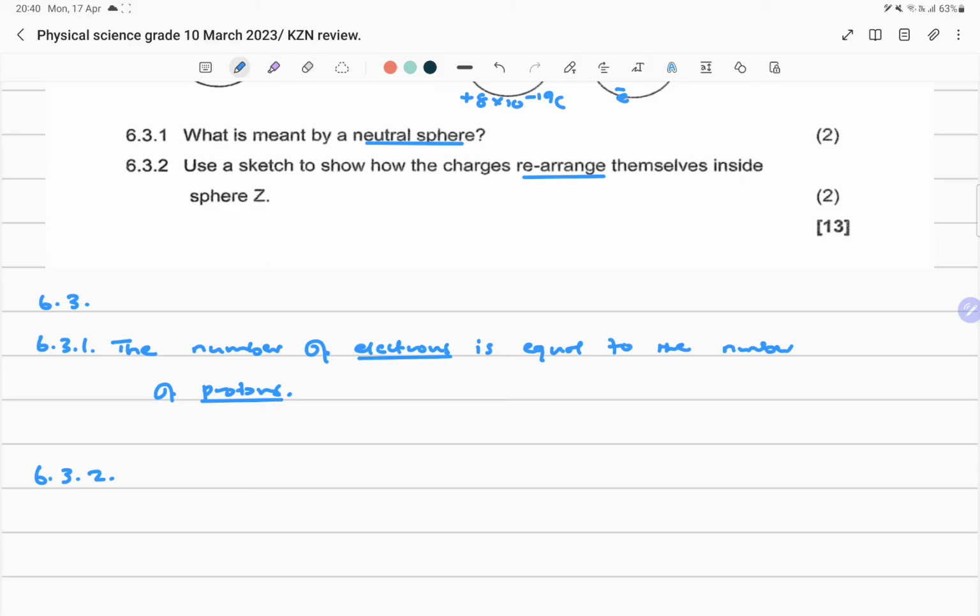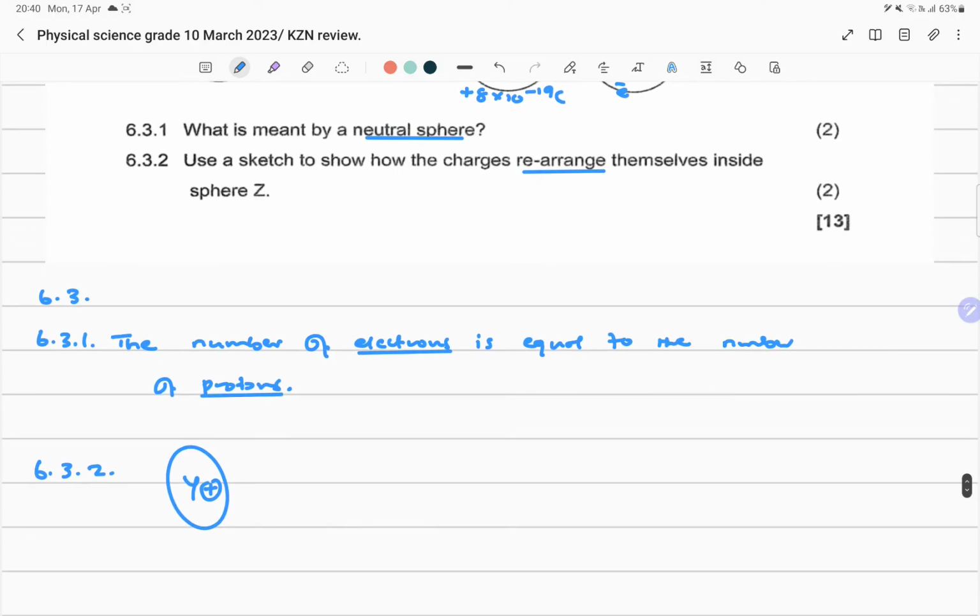Let's make it bigger. So we've got Y here, which is positively charged. Basically there are no electrons here, it lost them all. And okay, not all, but it lost many.